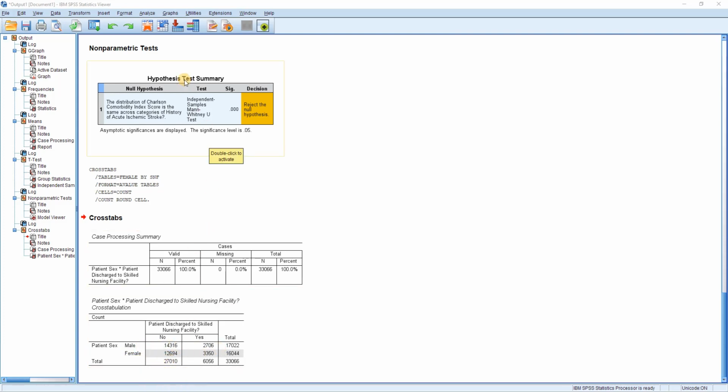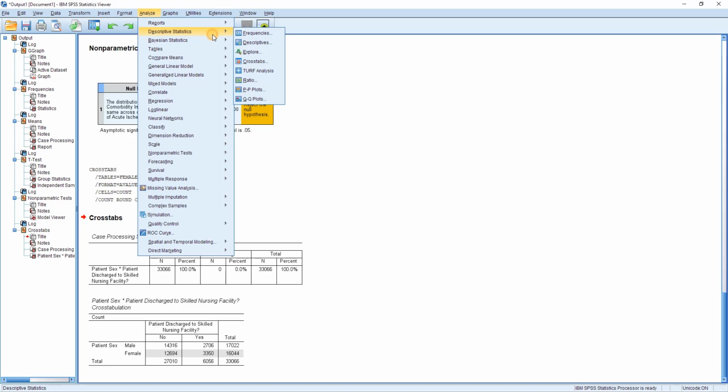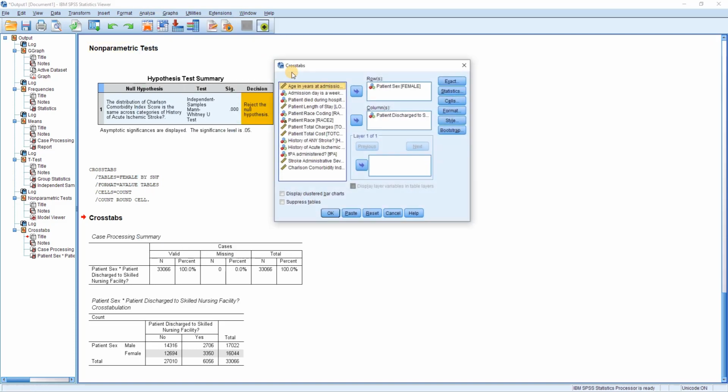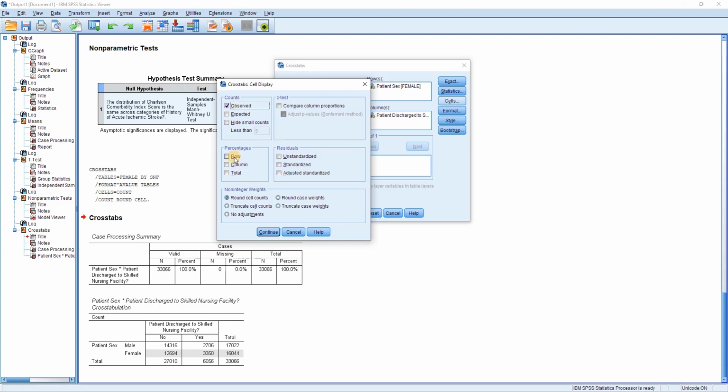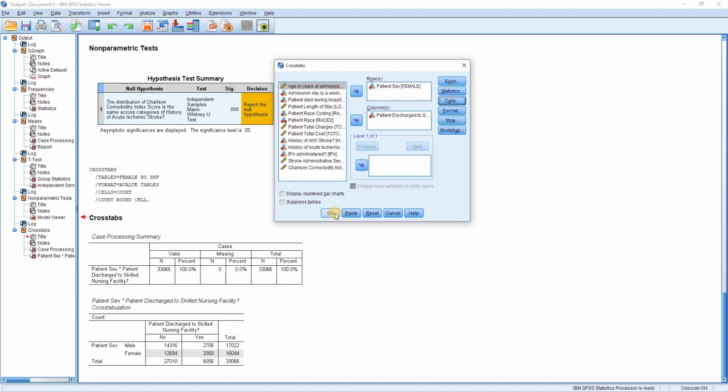So I'm going to run another crosstab table, but this time in my cells menu, I'm going to add row percentages because I am interested in the percentage of female patients who were discharged to a SNF. Okay, so we'll add that and click OK.